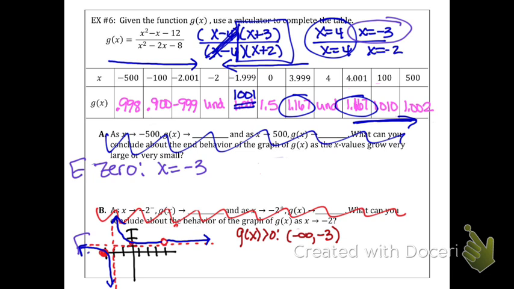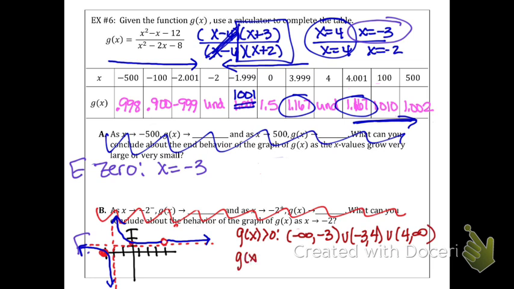And then I can see that it's greater than all of this, but you got to be careful because of that hole. That domain is split. So we got from the vertical asymptote to the hole, and then from the hole to infinity, okay? So union negative 3 to the hole at 4, union 4 to infinity.